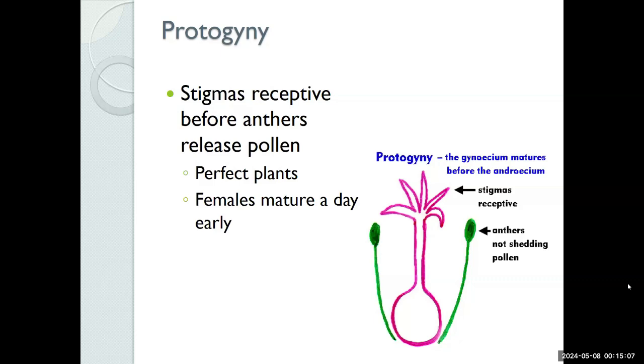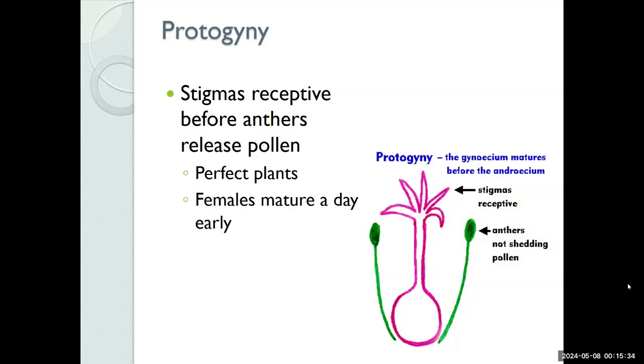Protogeny occurs when the female parts, the stigmas, become receptive before the anthers release their pollen. The female parts are open and ready to receive pollen grains, but the pollen grains must come from another plant, as that particular flower on that tree will not be shedding pollen at this time.